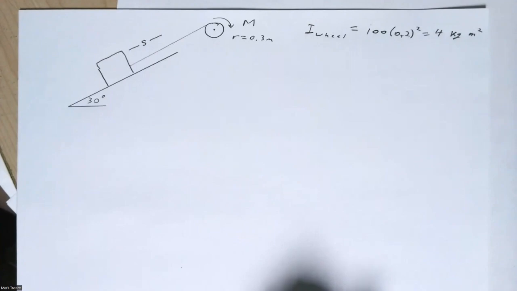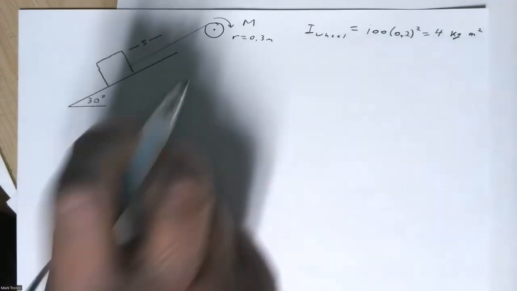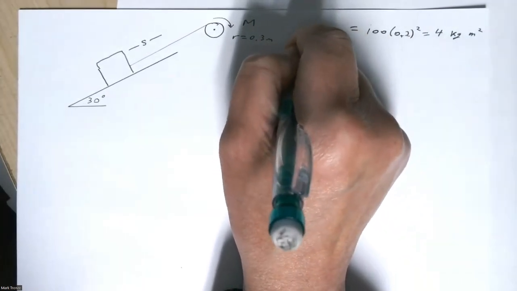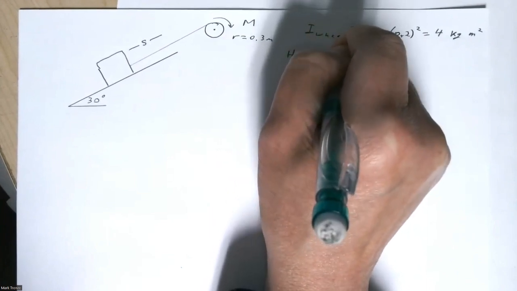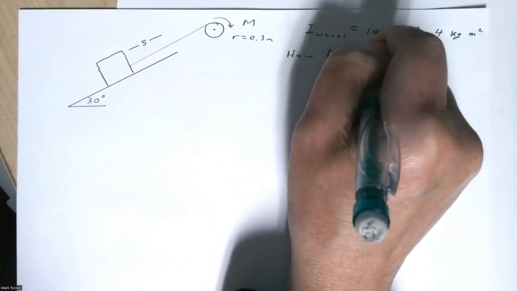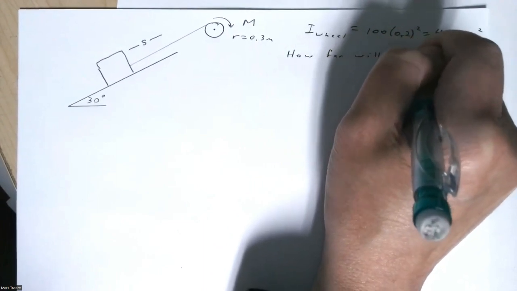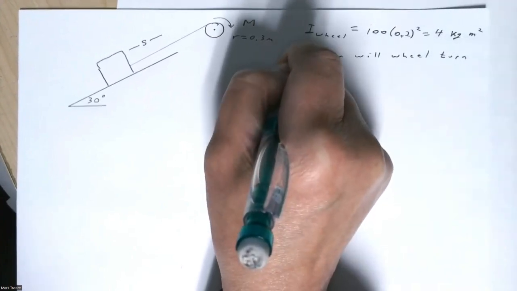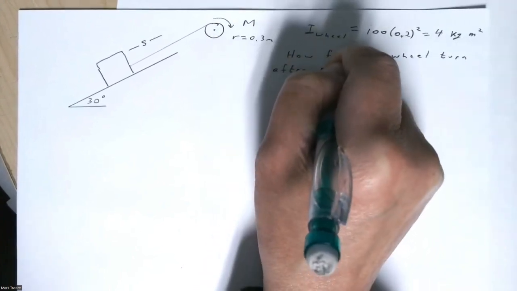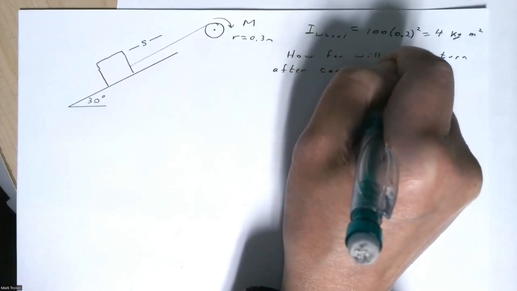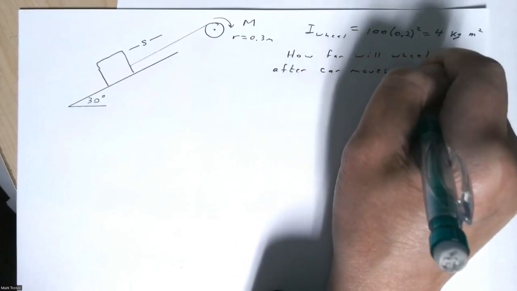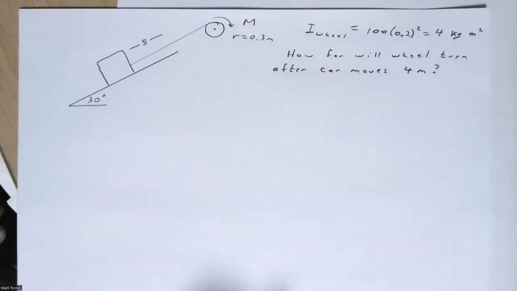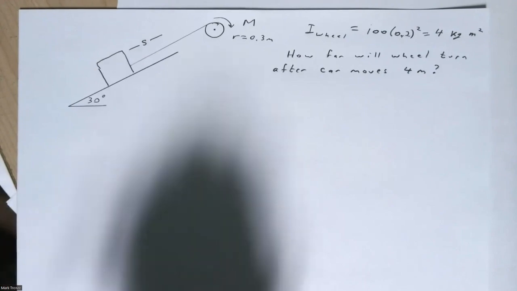And what else are we going to need? We need to find out how far the wheel will be turning. So after the car moves up 4 meters, how far will this turn?